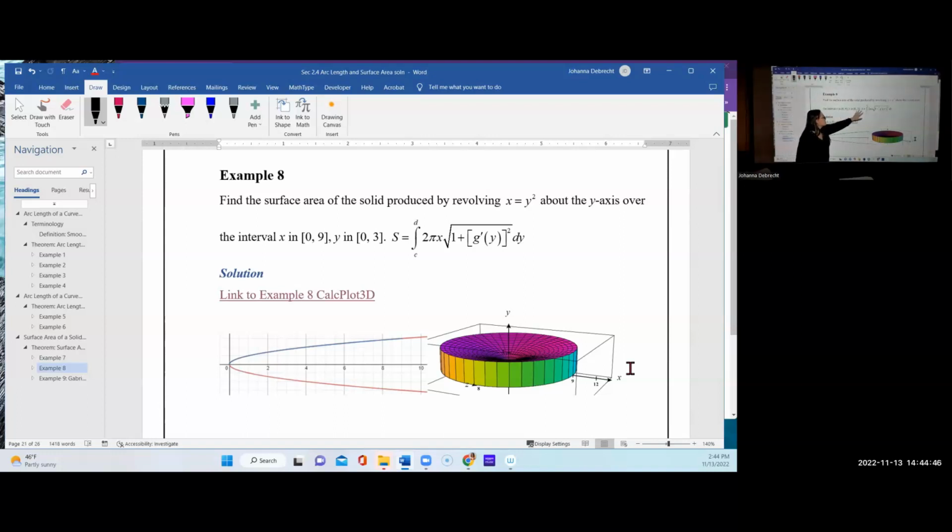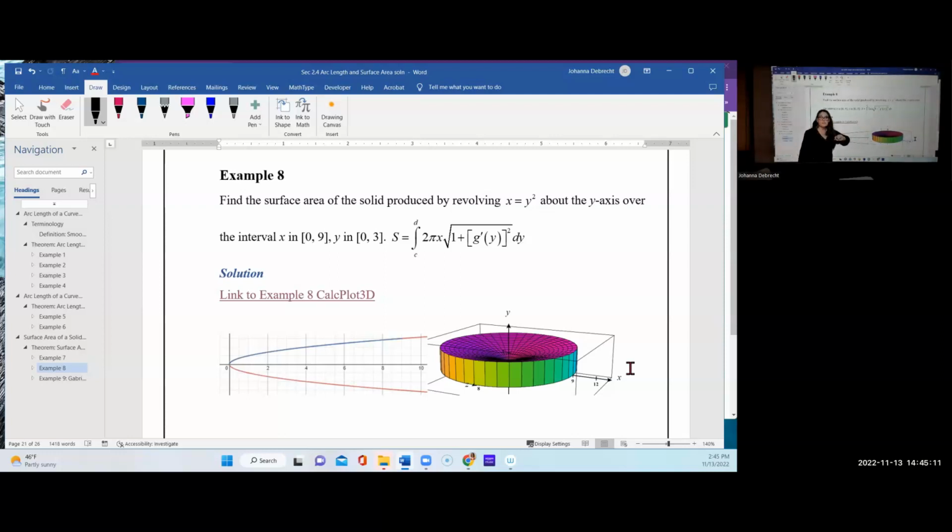Now, I had to be more specific here because saying x between 0 and 9 is not going to cut it, because when I look from 0 to 9, there are 2 sections here because it's a right opening parabola. And so I had to be specific, but I'm looking to revolve this section right here where y goes from 0 to 3.